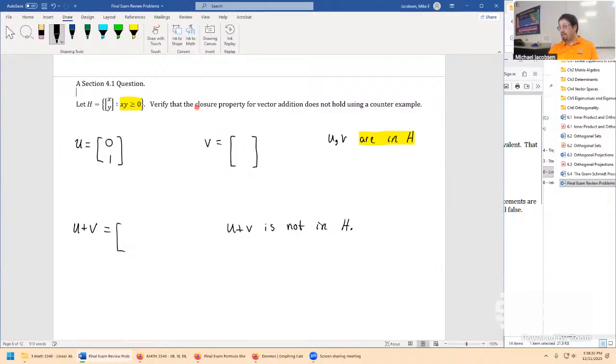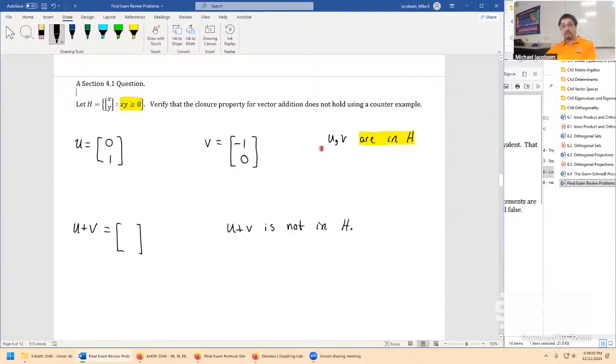Because whatever this comes out as, when we multiply the coordinates, this has to flip to a negative number. So that informs what we would choose here. Anyone see a good choice of entries on the vector u? Yeah, I like that. Let's go (-1, 0). If you multiply these two entries, the product of those entries is 0, where x is the first entry, y is the second entry.